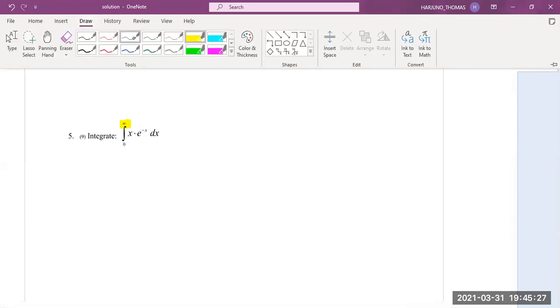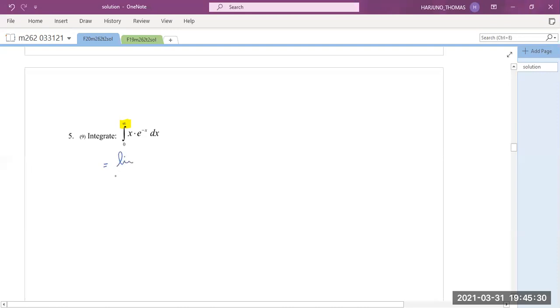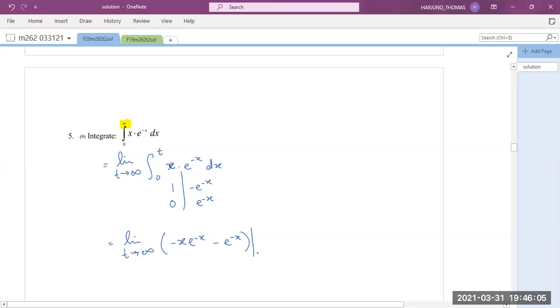Okay, then this is equal to the limit as t goes to infinity of the integral from 0 to t of x times e to the negative x dx. Integration by parts gives us the limit as t goes to infinity of negative x e to the negative x minus e to the negative x, from 0 to t.